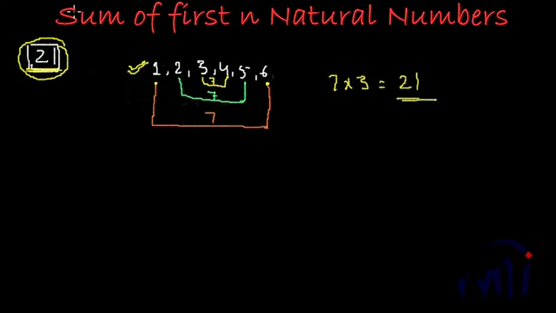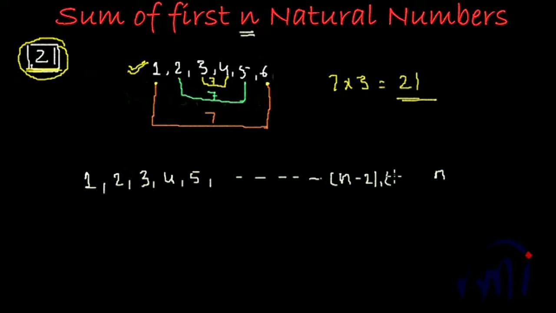Okay, now let me generalize this method. If I have a series from 1 till n, and we are supposed to find the sum of first n natural numbers, the series will be something like 1, 2, 3, 4, 5, and here we will have n minus 2, n minus 1 and n.